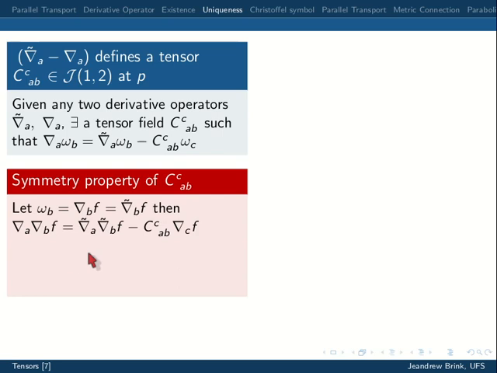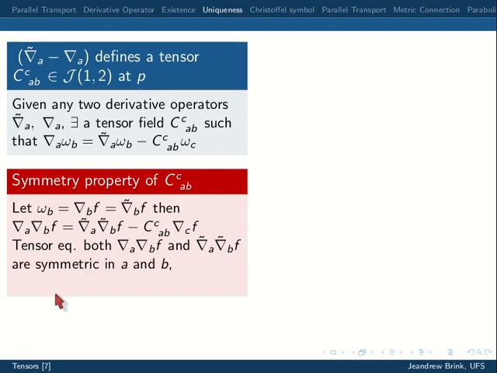The only thing you can get from this is that because f is a scalar, you can switch these 2 around, and therefore this whole part is symmetric in a and b, and therefore C must also be symmetric in a and b. So that's one of the properties that we derived, that this tensor has the property that C^c_{ab} is equal to C^c_{ba}.